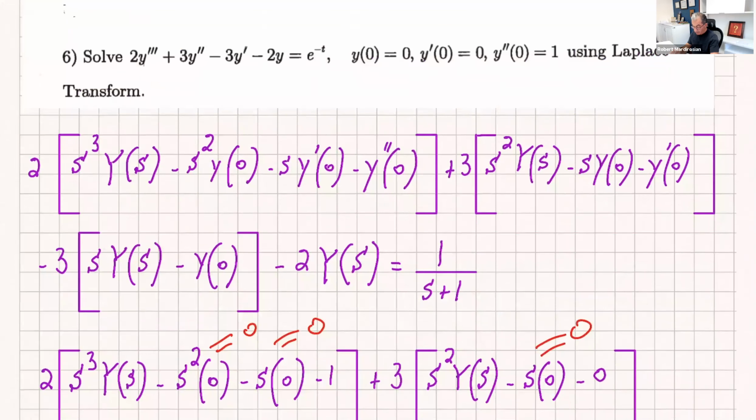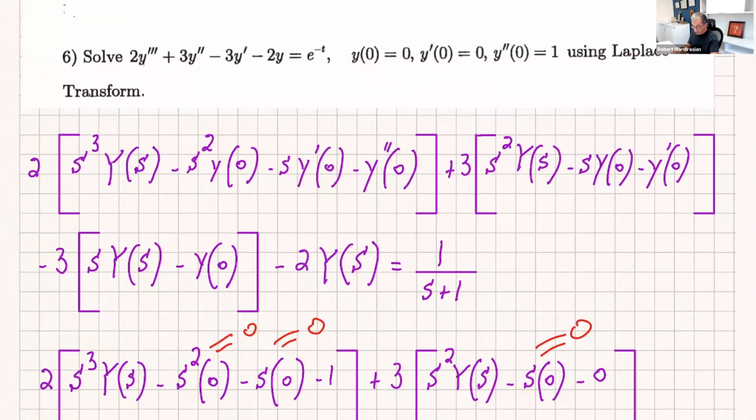So stop at y'(0). Minus 3 times again, if it's y prime, you just write s times Y(s) minus y(0), plus, and if it's y, you just write Y(s). And you know that the Laplace transform of e^(-t) is 1 over s plus 1.